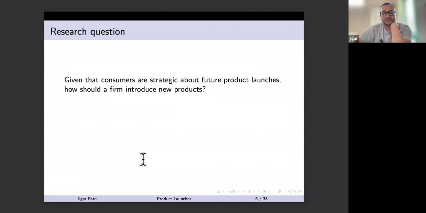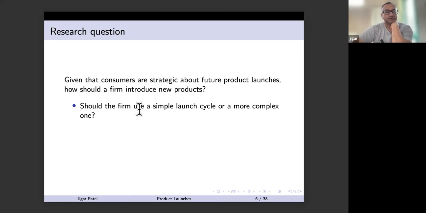So this work looks at this research question: given that consumers are strategic, they make informed choices about future product launches, how should a firm introduce new products? We look at a stylized model that distills essential features of the phenomenon and try to understand what is the optimal launch strategy.